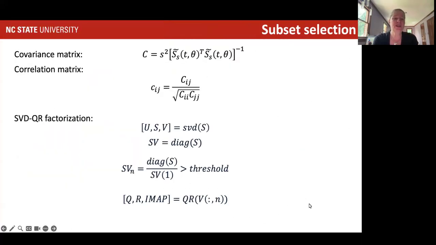So we did covariance analysis, so we created a correlation matrix from our sensitivity matrix. We used singular value decomposition followed by QR factorization, and those two both gave us a tentative subset. Again, this is done locally, so it's a little bit challenging to see if this is still a subset over the whole parameter space.